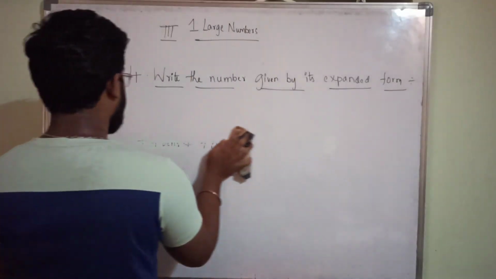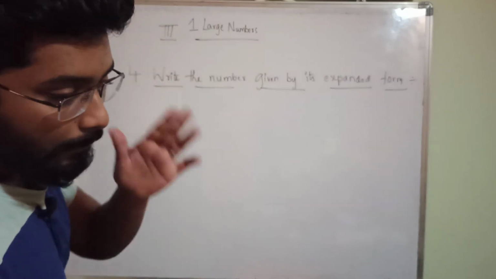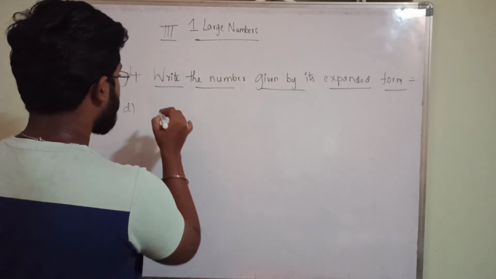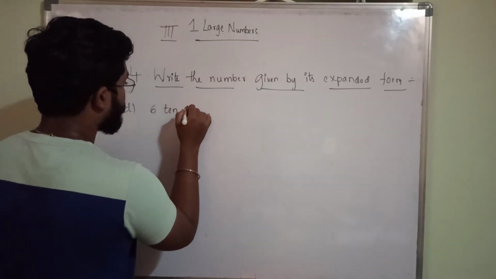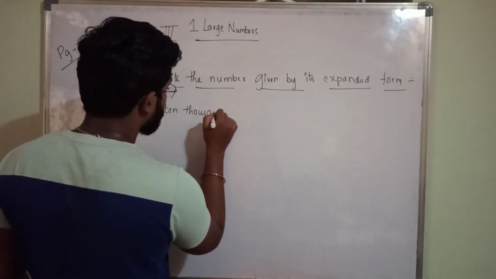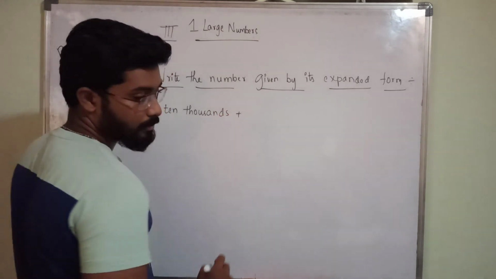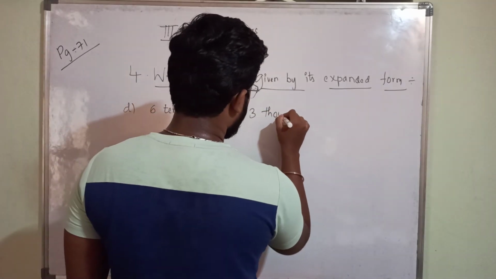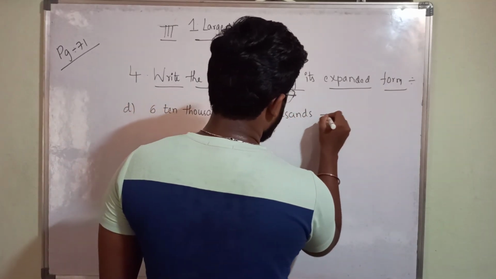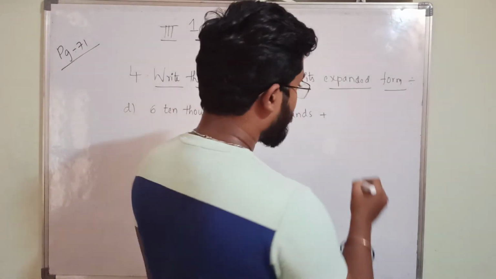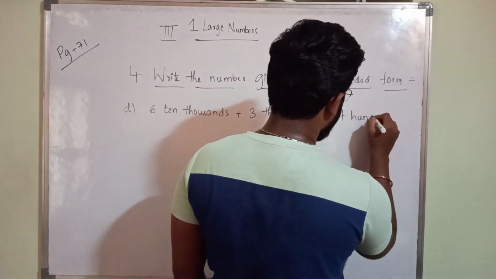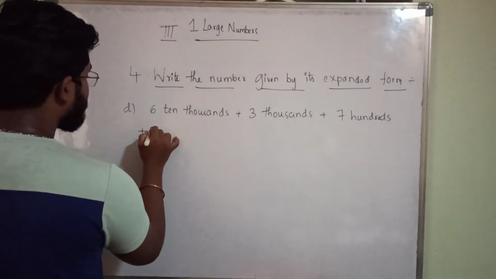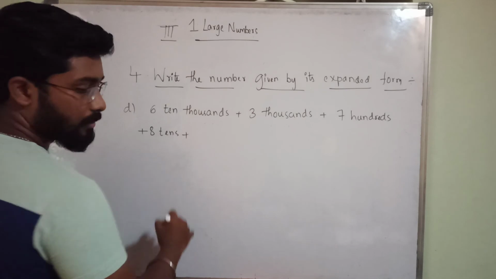Next one is what? D. D is 6 ten thousands plus 3 thousands plus 7 hundreds plus 8 tens plus 0 ones.